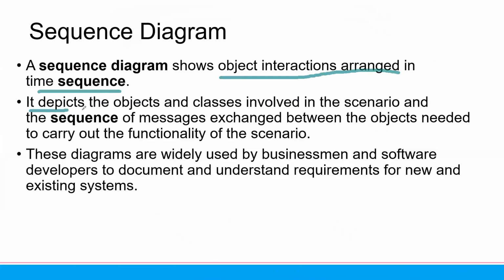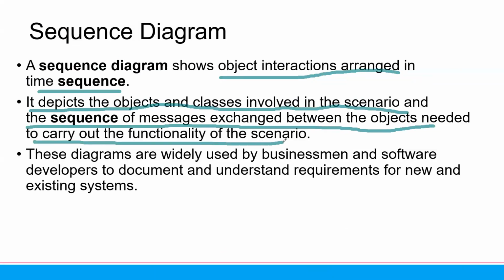It depicts the objects and classes involved in the scenario and the sequence of messages exchanged between the objects needed to carry out the functionality of the scenario. These diagrams are widely used by businessmen and software developers to document and understand requirements for new and existing systems.